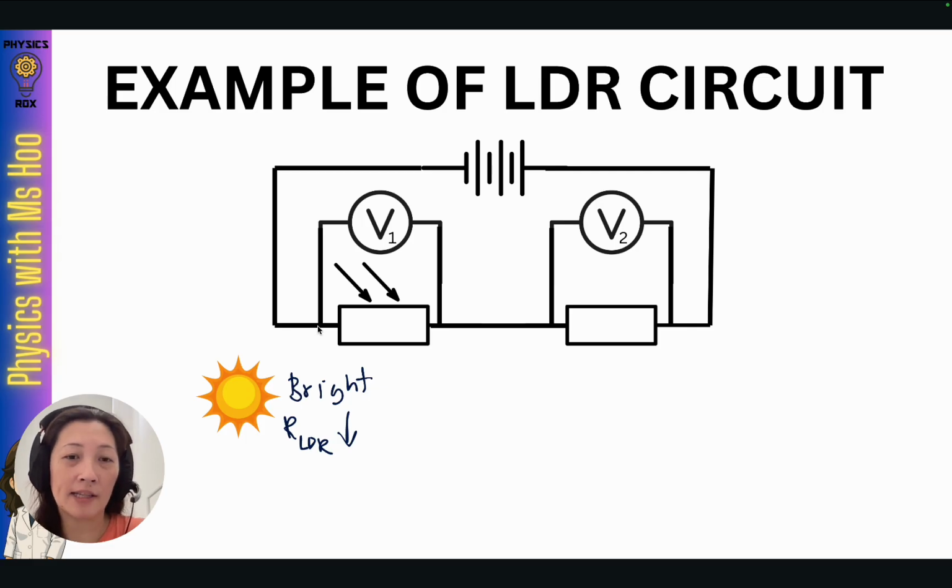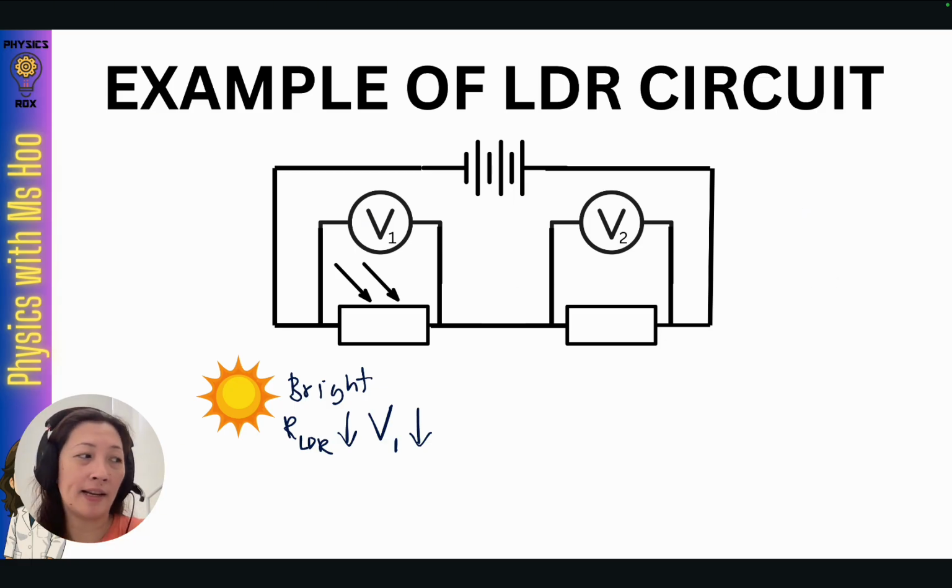Now V1 is connected across the LDR. That means the reading of voltmeter V1 is influenced directly by the resistance. So remembering what you've learned using the equation V = IR, if the resistance drops, the voltmeter reading will also drop. Now this would cause V2 to change as well, because as you can see in this circuit, the only components here are the LDR and the fixed resistor.